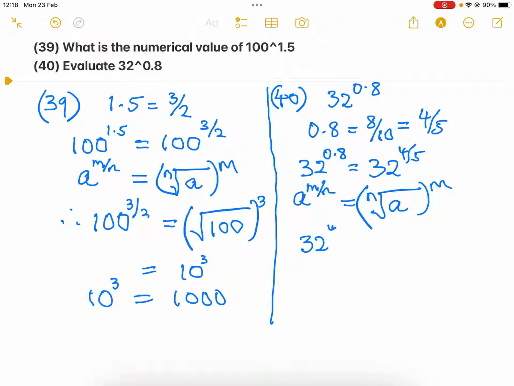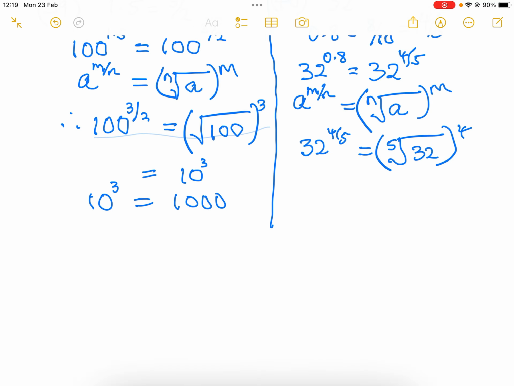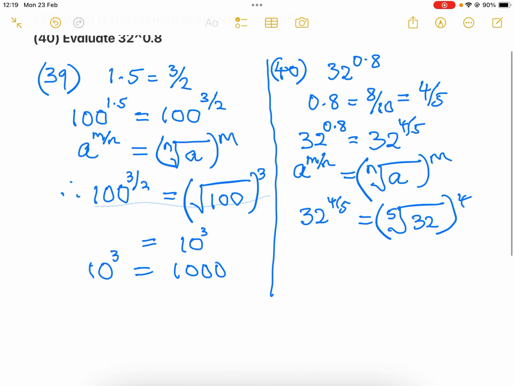So if you apply this law, you will have that 32 raised to power 4 over 5 is equal to the fifth root of 32 raised to power 4.